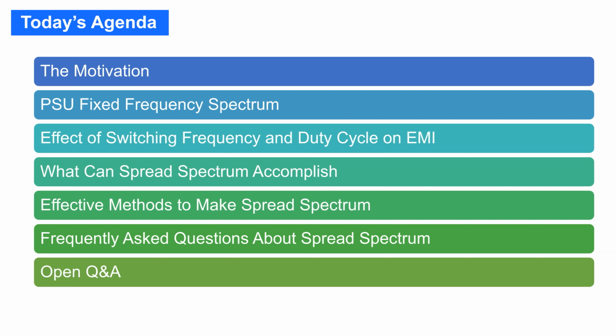Then I'll talk a little bit about methods to make spread spectrum. You might wonder, most times it's already inside of the power supply controller IC, but you also have the capability, even if it doesn't come with the IC, to do that. And then I'll go over typical FAQs, and then we go over your Q&A.